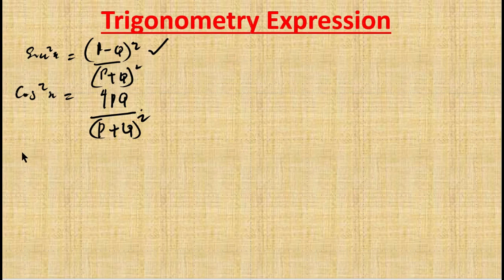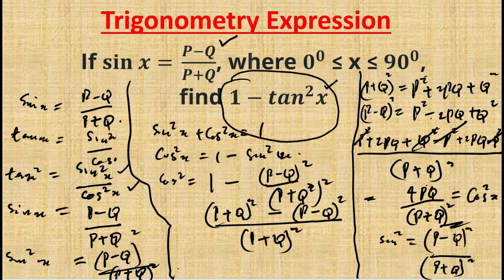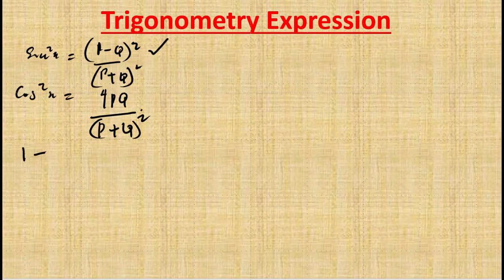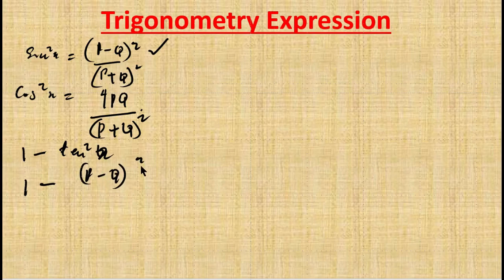Now we're to solve for 1 minus tan squared x. So we can now begin to substitute. In place of tan squared x, we have sine squared x over cos squared x. That will be (p minus q) all squared all over (p plus q) all squared.